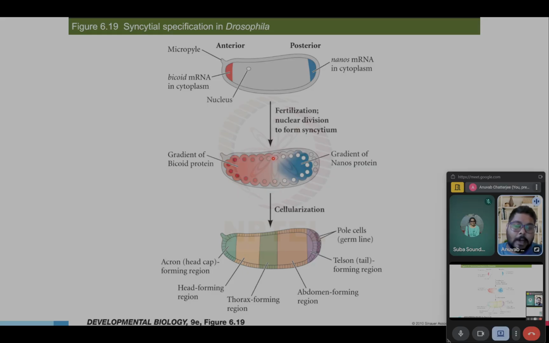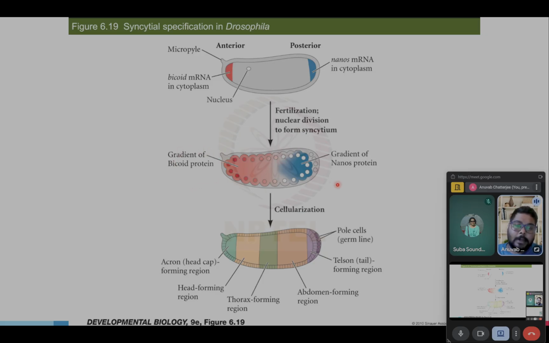From here, how will you actually form the entire body plan? The thing is that only bicoid and nanos do not form the entire body plan. You can imagine them being the primary players, which then activate secondary molecular players. Then they activate the tertiary molecular players, which one by one make sure that only some of the nuclei here form the head region, some nuclei here form the thoracic region, some here the abdominal region, some here the tail region, and then specific tissues originating from these regions.